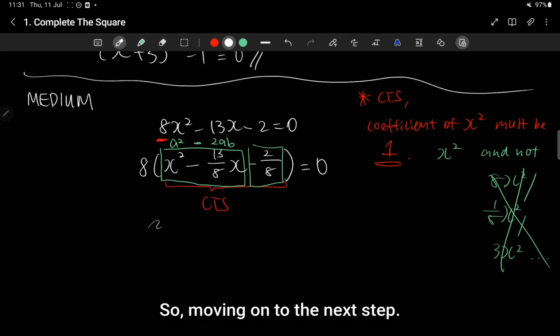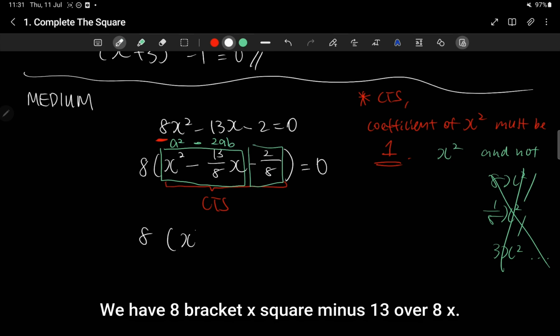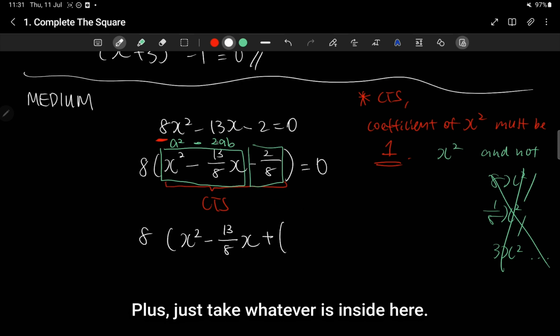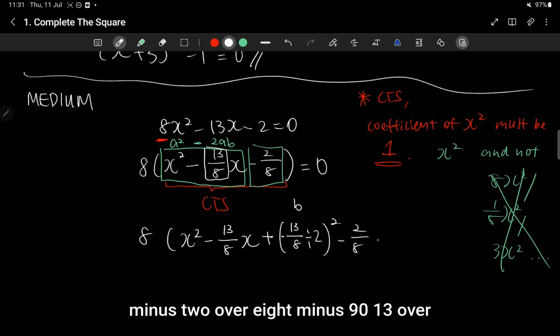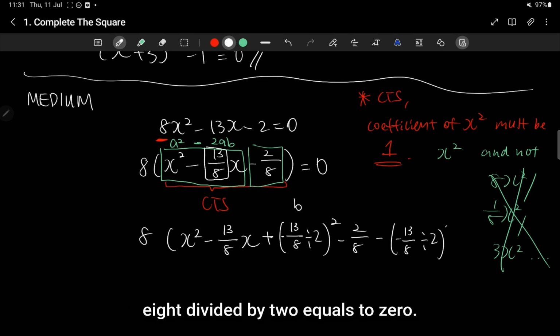So moving on to the next step, we have 8 bracket x squared minus 13 over 8 x plus, just take whatever is inside here, 13 over 8 negative divided by 2 to get our b, squared, minus 2 over 8 minus negative 13 over 8 divided by 2 squared equals 0.